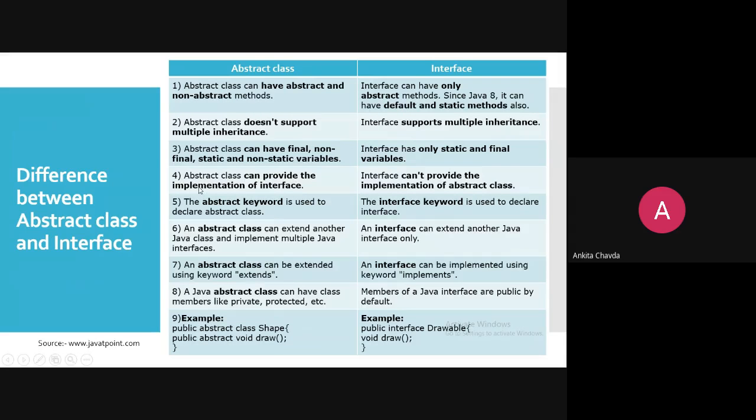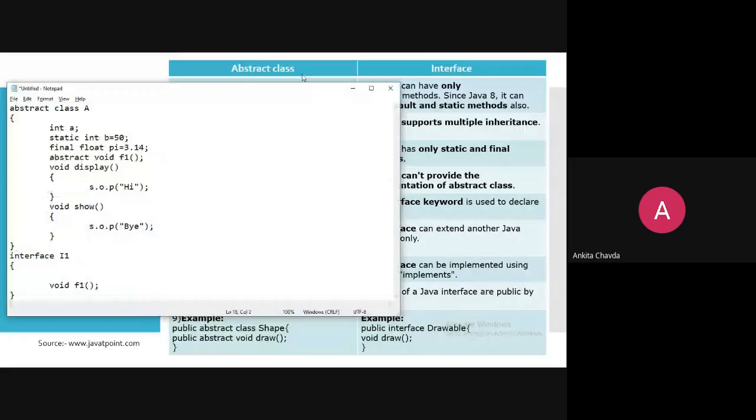Abstract class can provide implementation of interface. So any abstract class can even implement an interface. It is possible, but the reverse is not possible, that an interface can't provide implementation of an abstract class. Here, if you have abstract class A, you can write implements I1.